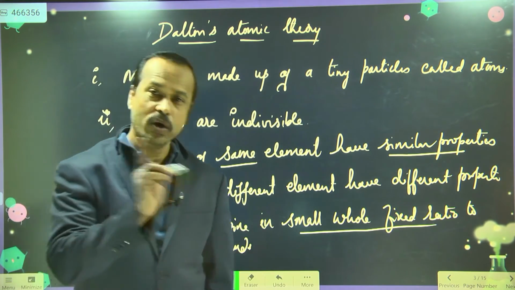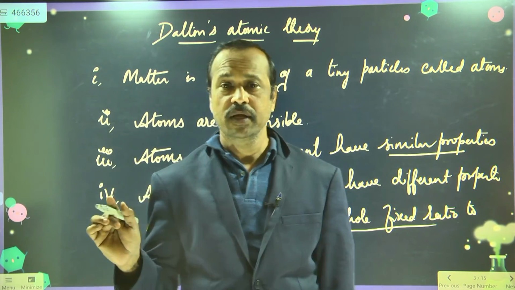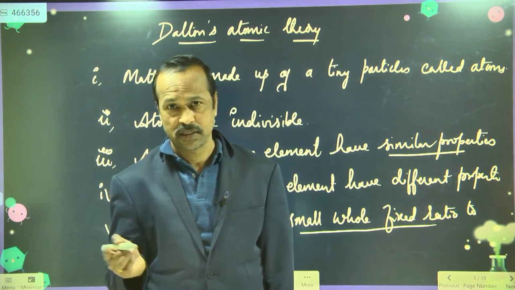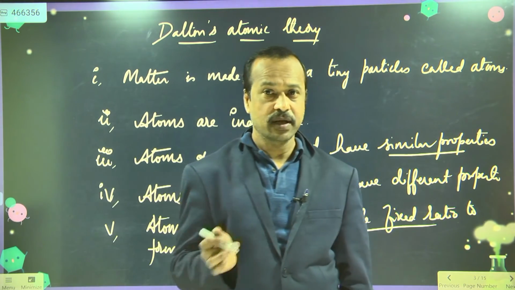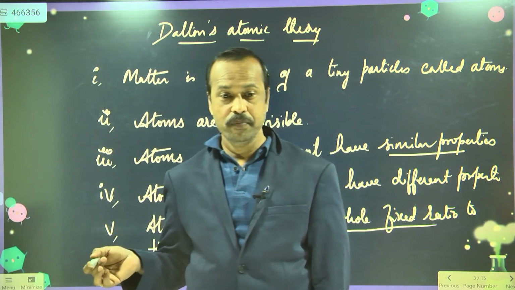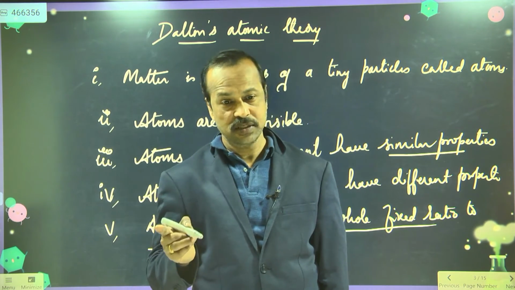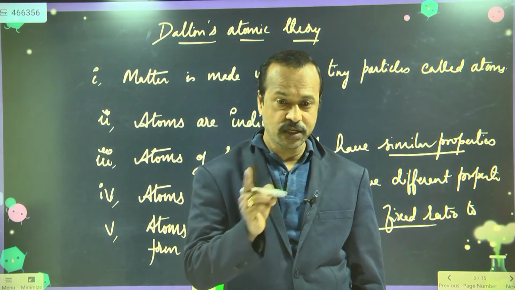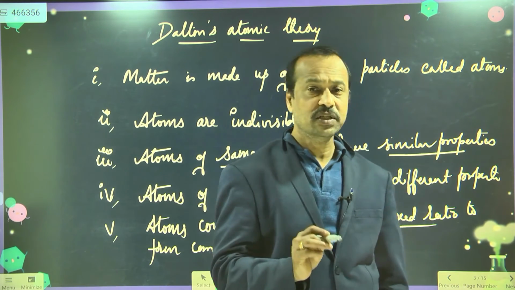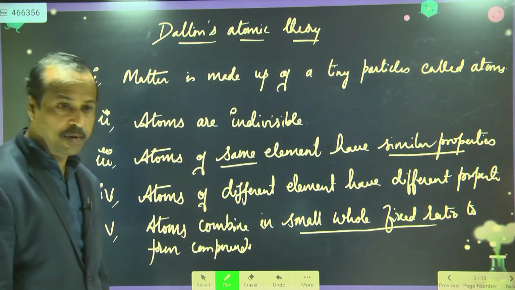Carbon dioxide has 1 carbon and 2 oxygens, that is fixed. Anywhere you take carbon dioxide, the ratio is 1 carbon to 2 oxygens. You take water from anywhere, it is 2 hydrogens and 1 oxygen. You take ammonia, anywhere, it has 1 nitrogen and 3 hydrogens, a ratio of 1:3. So in a fixed ratio, atoms combine to form a compound.